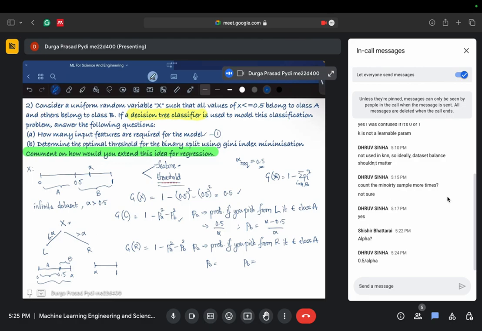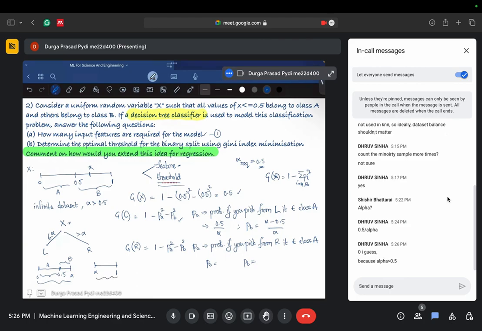In dataset R, what is the probability that if I pick a point randomly, it will belong to class A? Zero. Alpha is greater than 0.5, so this entire thing will be of class B. So the probability of class A will be 0, and the probability of class B will be 1 minus 0, so you have a 1 here. This will give you a value of 0, which means it is a pure partition. There is no impurity, you don't have any mixes, it's completely homogeneous.